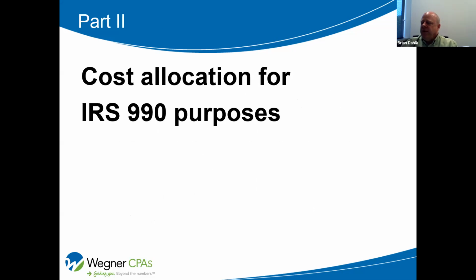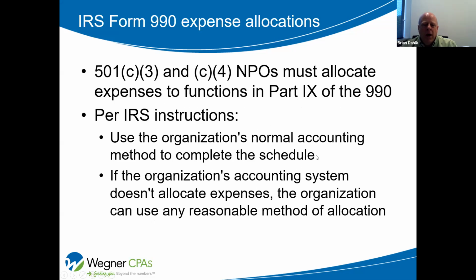All right, we'll move on to part 2, which is cost allocation for IRS 990 purposes. There is a particular part of the 990, part 9, that has to be completed by 501(c)(3) and 501(c)(4) nonprofits. That is essentially a schedule of allocating expenses among different functional categories.